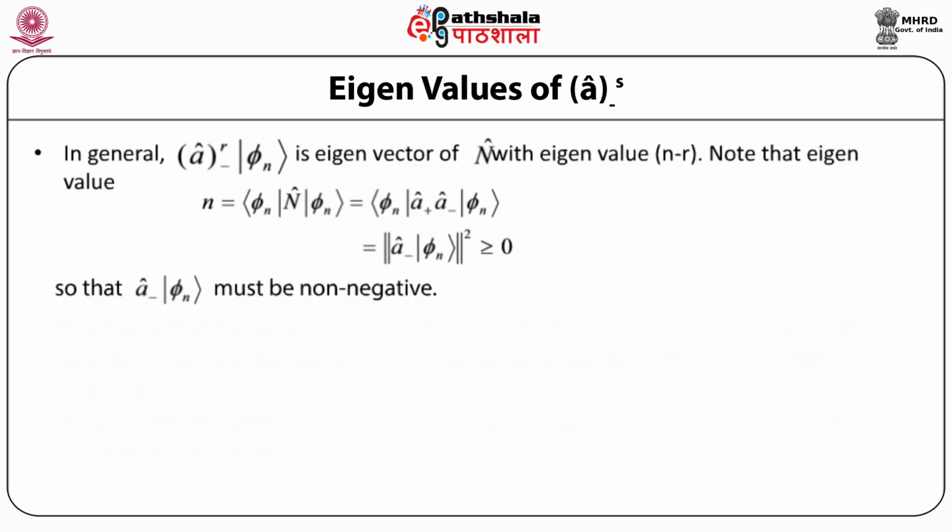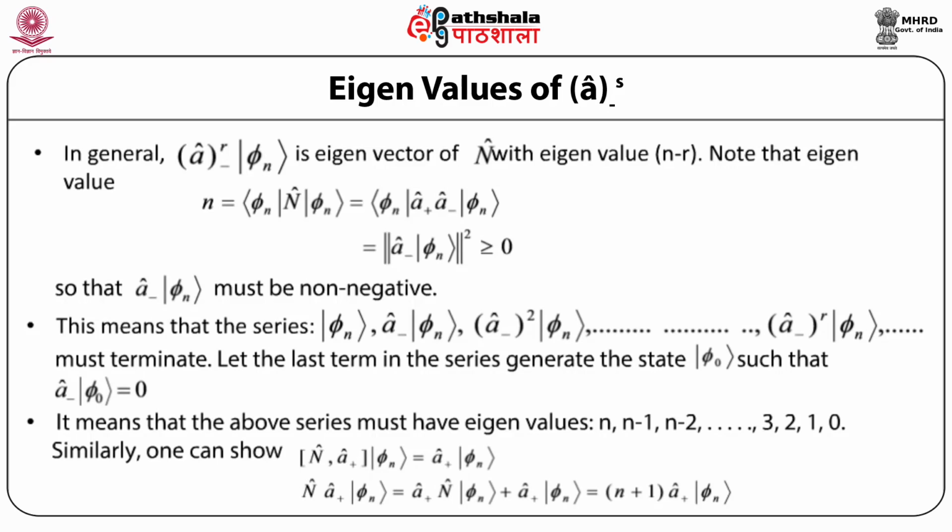What this actually means is that if we have a series where we start with the eigenvector phi n, then the lowering operator acting once on phi n, then the lowering operator a minus acting twice on phi n, and so on till the lowering operator a minus acting r times on phi n, then this series must terminate, as otherwise it would lead to a state for which the operator would give an eigenvalue which is negative.